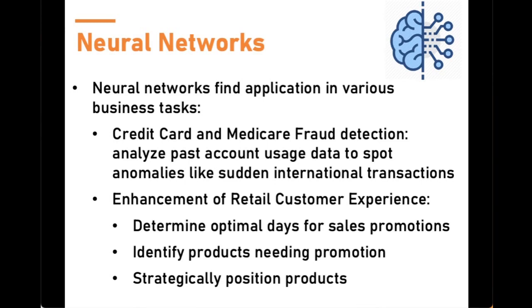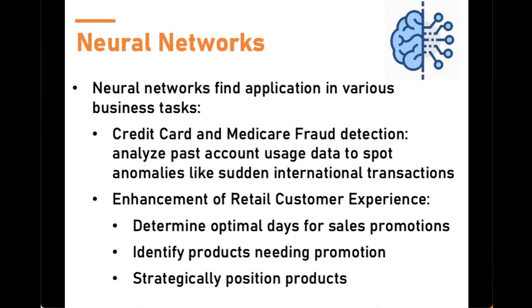For instance, a credit card that has always been used within Australia is suddenly used in Brazil. And financial predictive models would alert the credit card owner since his or her account might have been compromised. So it was an unusual activity, and those models will detect that.